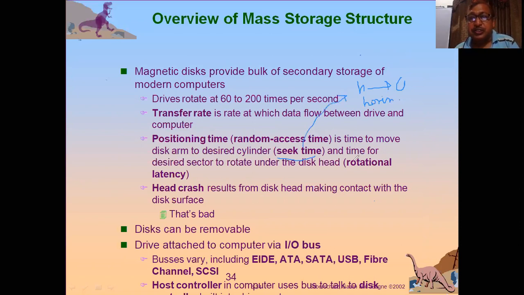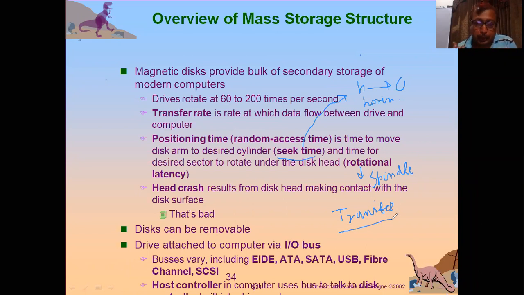Second is rotational latency. Once the head is placed, now I have to rotate the spindle so that the particular sector is under the read write head. And third is basically the transfer. Once the head is just above the particular sector which we are willing to transfer, the actual transfer will start.